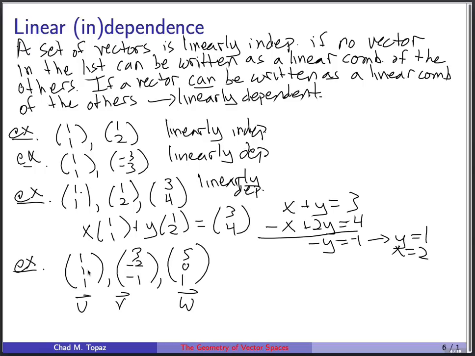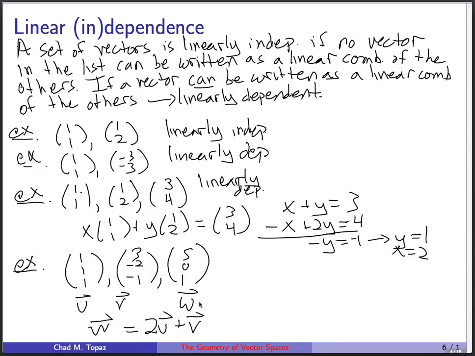Since V is not a scalar multiple of U, we know that at least U and V are linearly independent. Now we can ask if adding W in makes it linearly dependent or independent. And my claim is that W can be written as a linear combination of the other two. It's actually 2U plus V.